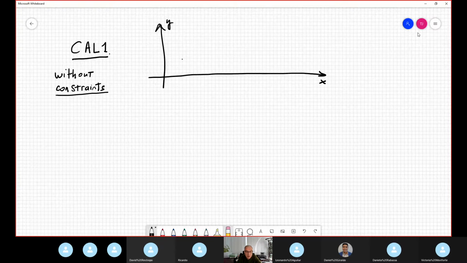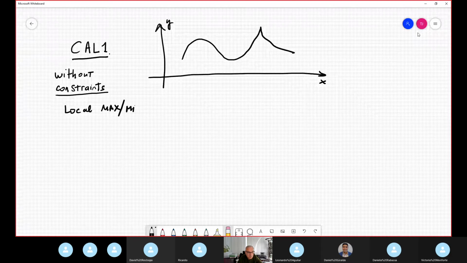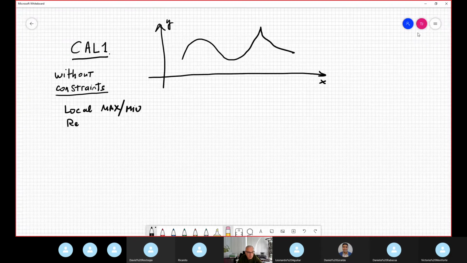Suppose one curve like that. In order to find the local max and min, which is a synonymous word, or relative max and min, you know, and the book alternates using these names.